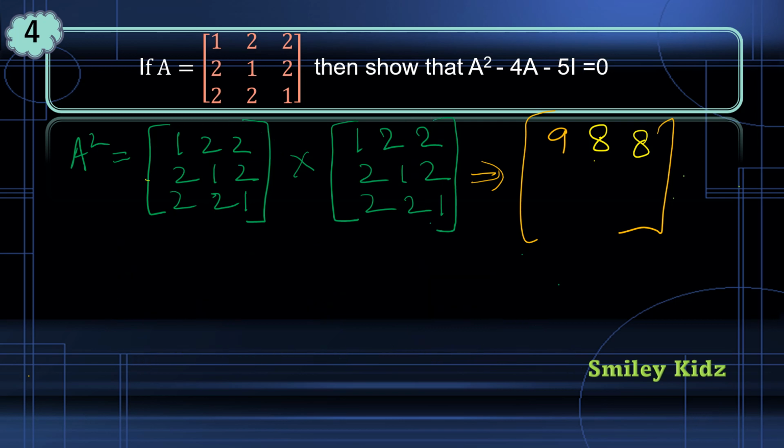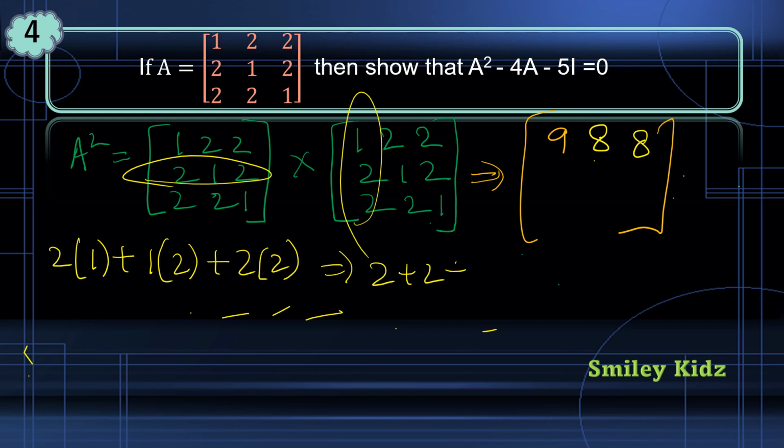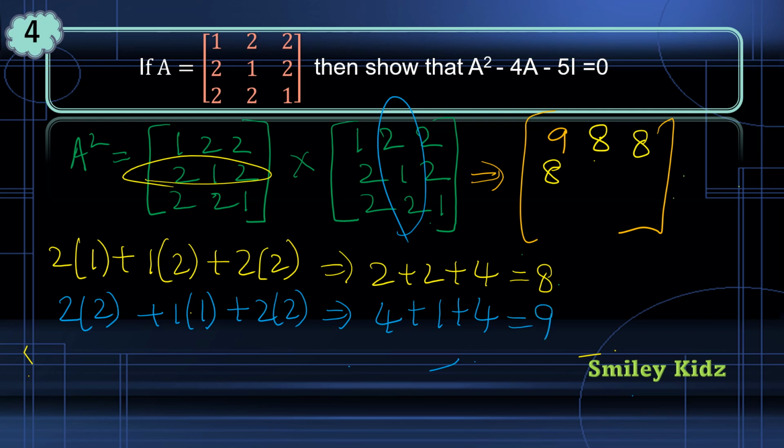Now take the second row with the first column. You'll have 2 into 1 plus 1 into 2 plus 2 into 2. This is equal to 2 plus 2 plus 4, that is equal to 8. So here you're going to have 8. Then with the second column, we'll have 2 into 2 plus 1 into 1 plus 2 into 2. 4 plus 1 plus 4, that is equal to 9.